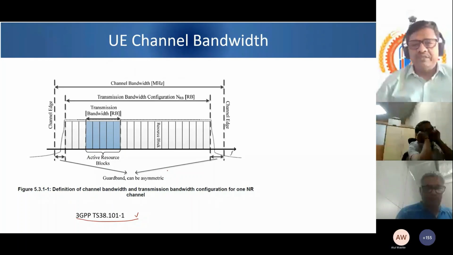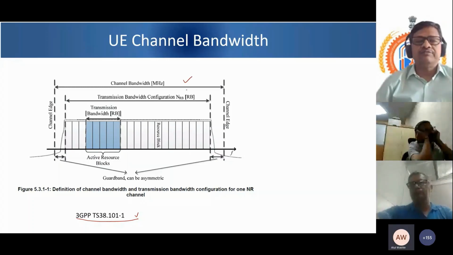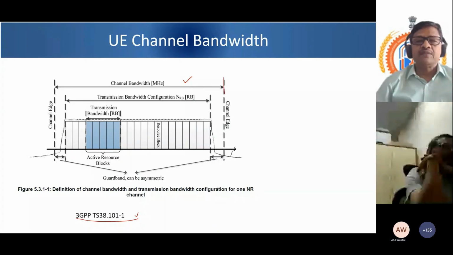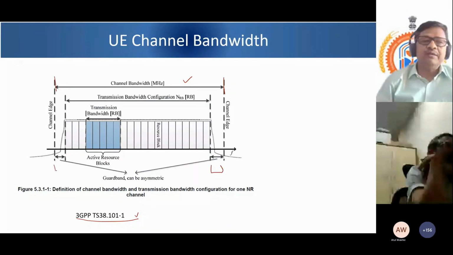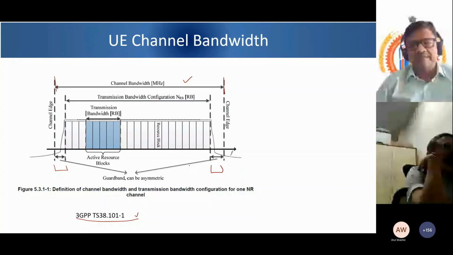As we had also done in the calculation, suppose you have a channel bandwidth, in the morning we discussed 100 megahertz, 50 megahertz. From here to here, you have this much megahertz of channel bandwidth. From both sides we have to have a certain guard band, which we reduced from the channel bandwidth while exercising.